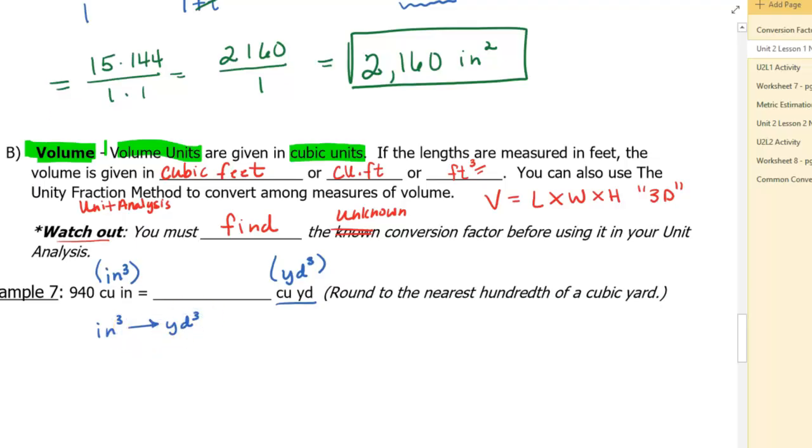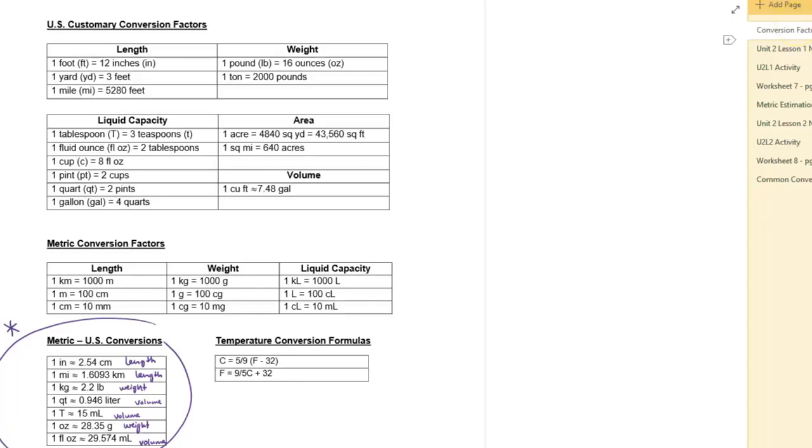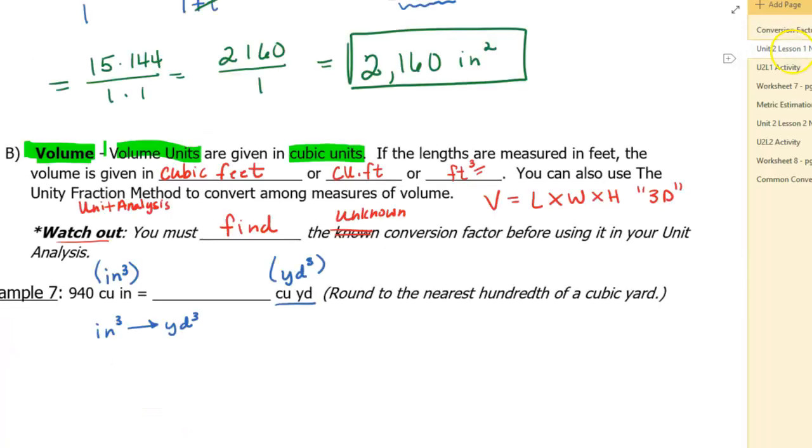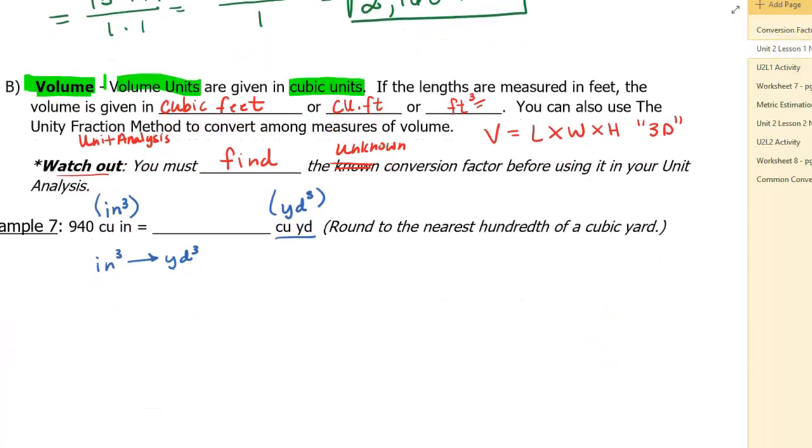If you go back to our conversion factor chart, we don't really have cubic inches or cubic yards, but we do have inches to feet, and then we can go from feet to yards. So we're going to pick up 2 conversion factors. Our path is going to be from inches cubed to feet cubed to yards cubed.